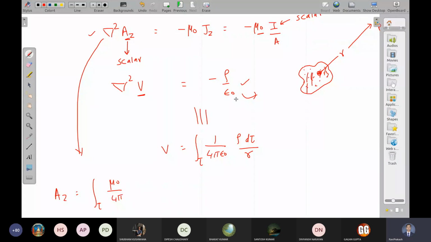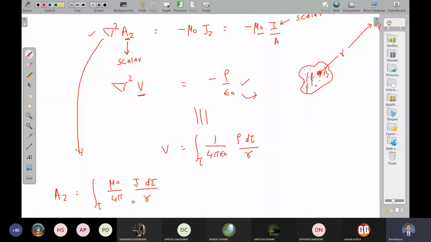Instead of rho, I should use j or I upon a, times d tau. D tau means the volume taken by that small piece, which is producing this vector potential, divided by r. So this is the answer for vector potential.